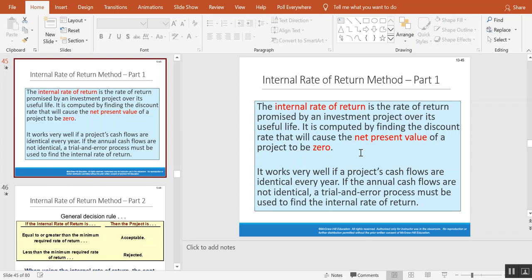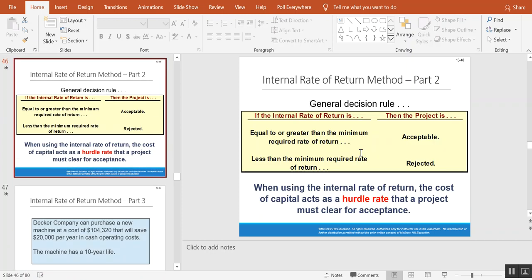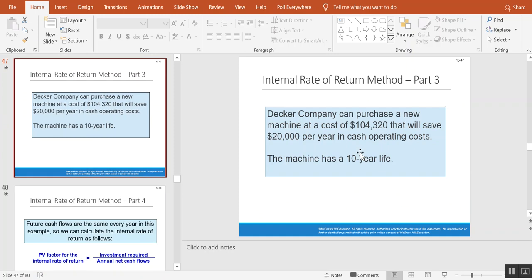So what we're actually doing here is working backwards. Now, that's fine if that's an area that you're interested in working in, and I would encourage you to develop that understanding, but in this introductory course, we're not going to spend a lot of time doing that because the internal rate of return is a method that requires you to find the discount rate that will result in a zero net return.